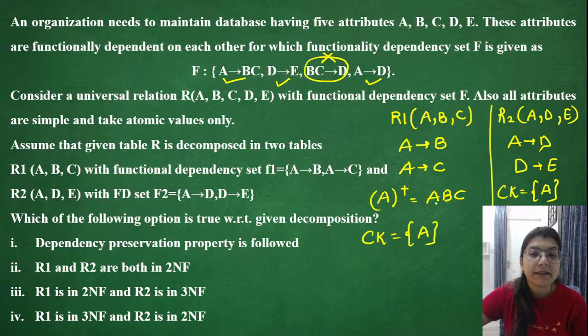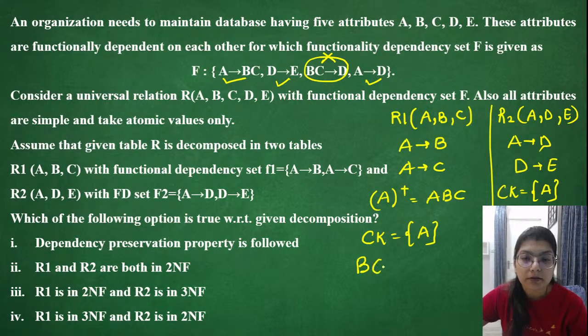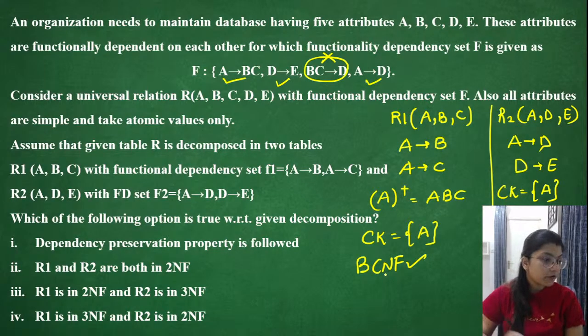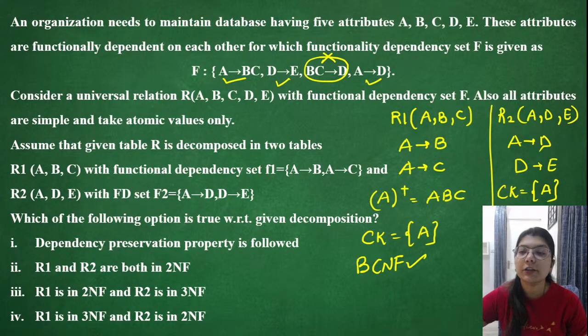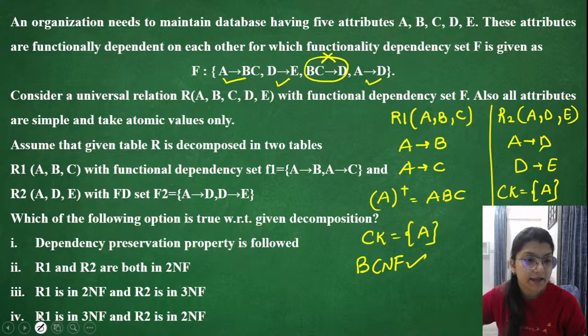Okay. Then let's check the normal form. R1 is in BCNF, no doubt. Yes or no? R1 is in BCNF, yes or no everyone? What about R2? If you check R2, this one is in BCNF, no doubt.